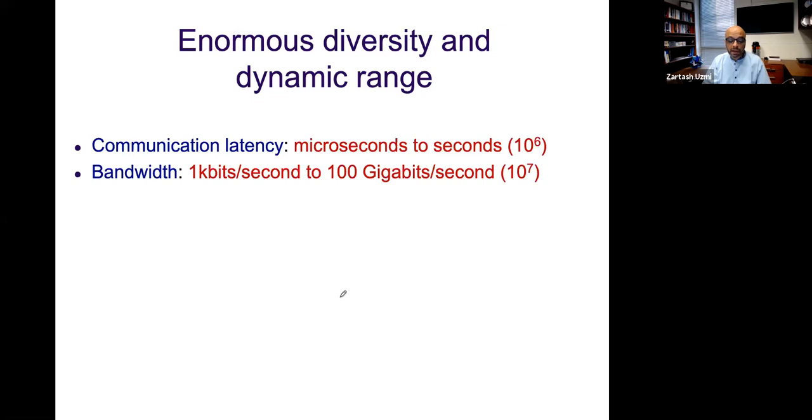Similarly, the bandwidth can range from 1 kilobit per second, very low bandwidth, to very high bandwidth, 100 gigabits per second. The packet loss can also be close to zero on the optical fiber network, to very high, 80-90% on some of the really poor wireless networks.